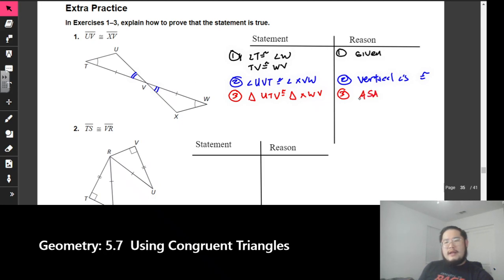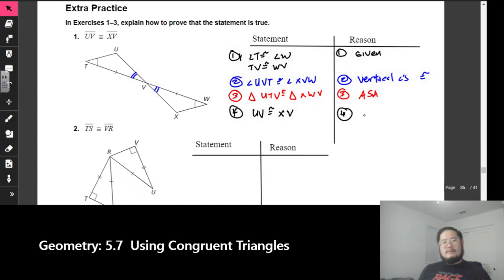So I'll just go ahead and put ASA right here. So now that I understand that two of these triangles are congruent, remember, all of the corresponding parts will be congruent as well. So I can go to statement 4 and say that UV is congruent to XV.